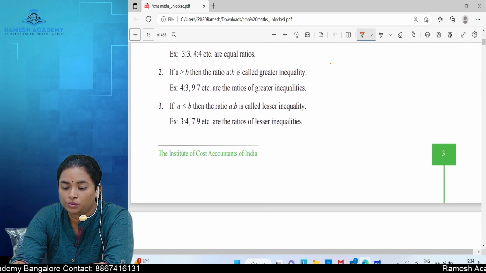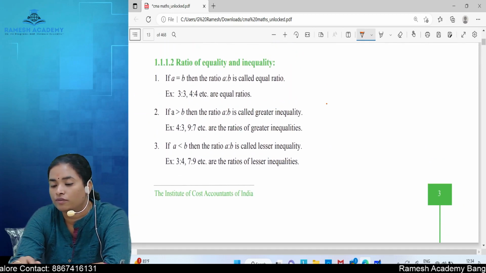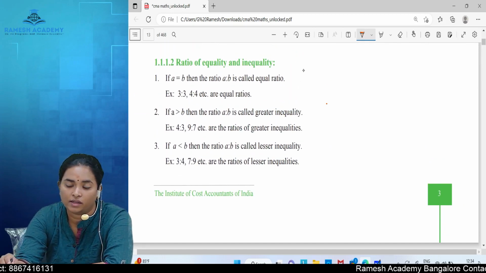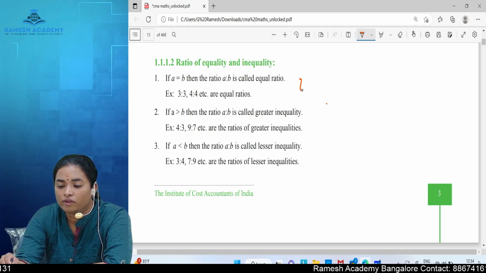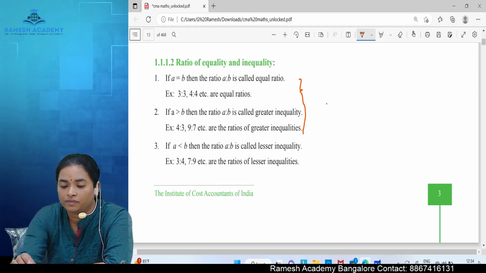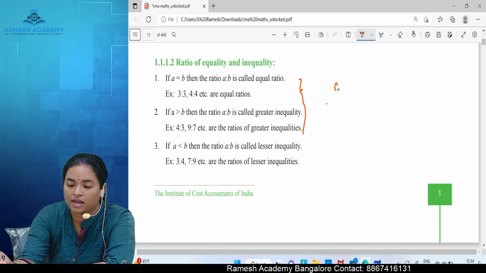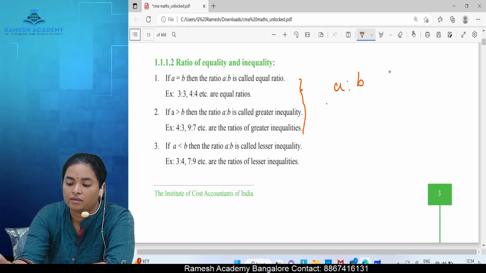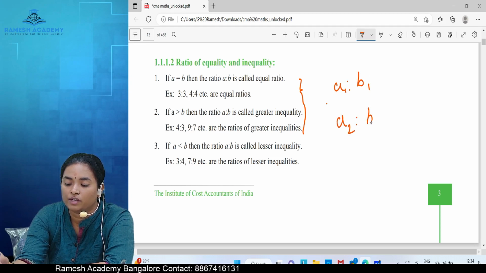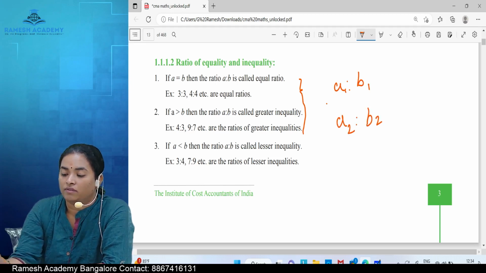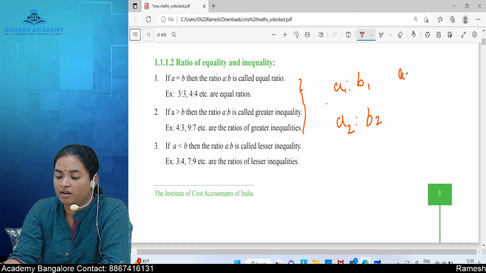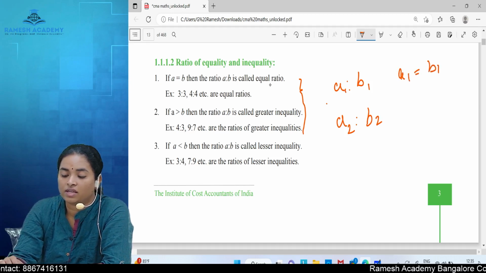Next we go to the ratios of equality and inequality. Here, when do you say it is equal? Let's say one ratio is A1:B1 and another ratio is A2:B2, where A is the antecedent and B the consequent. Now if A1 is equal to B1, then we call it equal ratios.